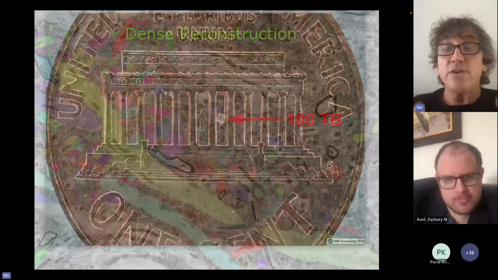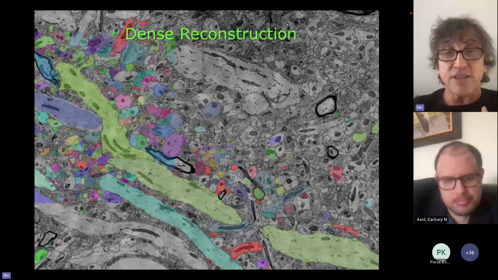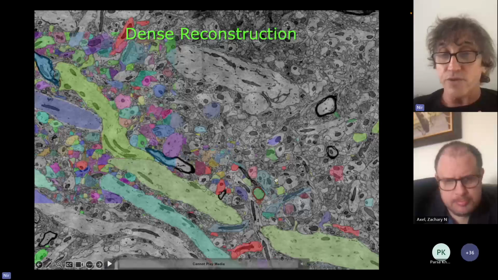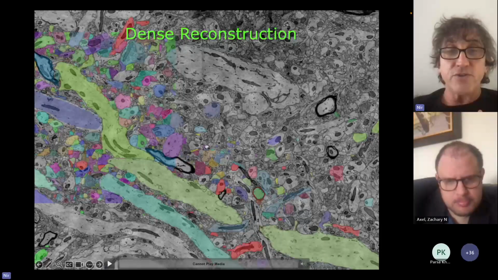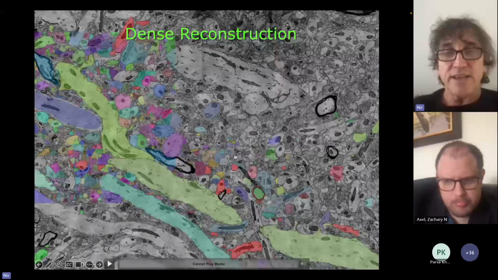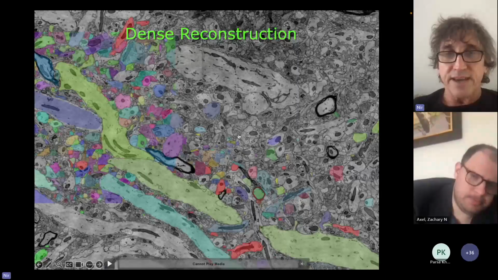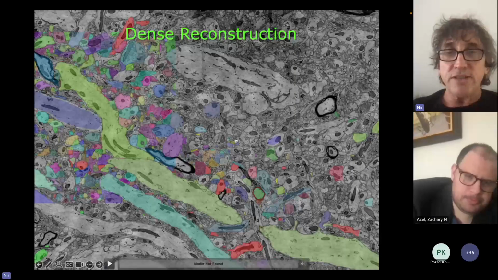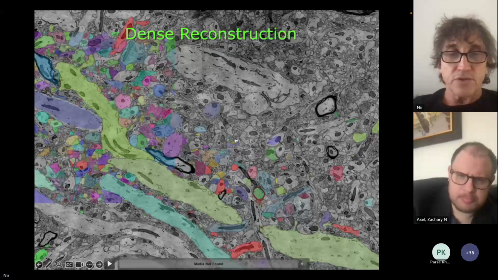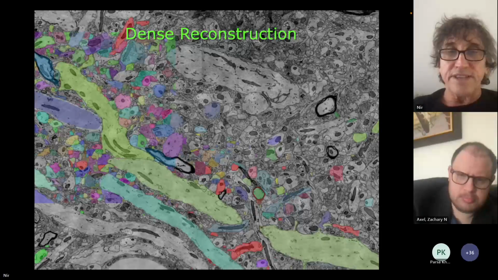Now what you get are those images that you saw. Essentially, each one of these is a slice through a neuron. And what we'd like to do is reconstruct it. You can see that this looks very dense, right? There's a lot of neurons here. But what we want to do is use machine learning techniques to be able to see through this.